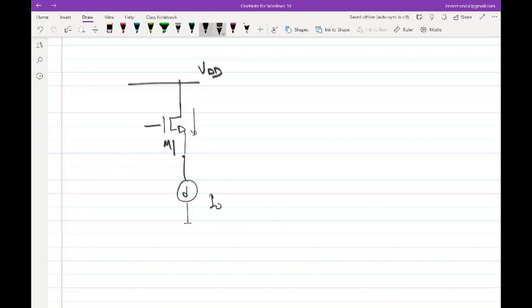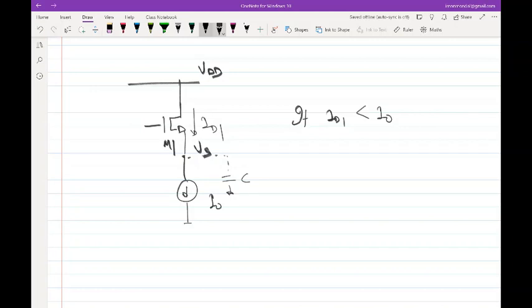Let's assume this current is ID1, and if ID1 is less than I0, what's going to happen? So if ID1 is less than I0, then I'm pulling out more current than I'm pushing in.